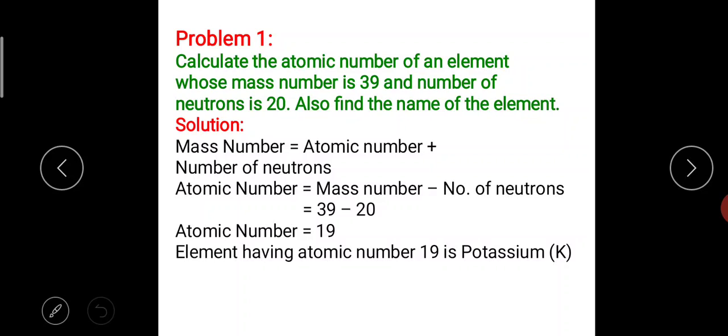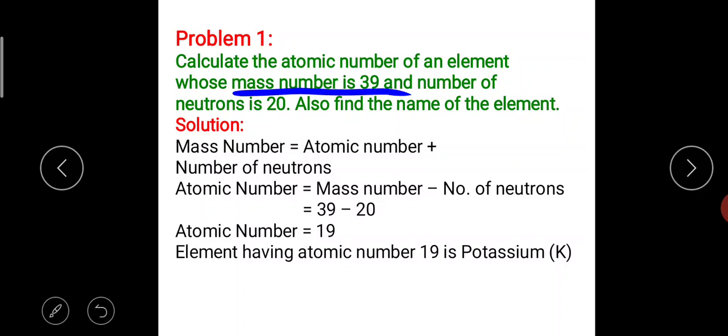Okay, let us see one problem. Calculate the atomic number of an element whose mass number is 39 and the number of neutrons is 20, and also we have to find the name of the element. So first, what you have to do is identify the mass number. Mass number is atomic number plus number of neutrons. We don't know the atomic number. In the question they have given only the mass number, so rearrange the formula.